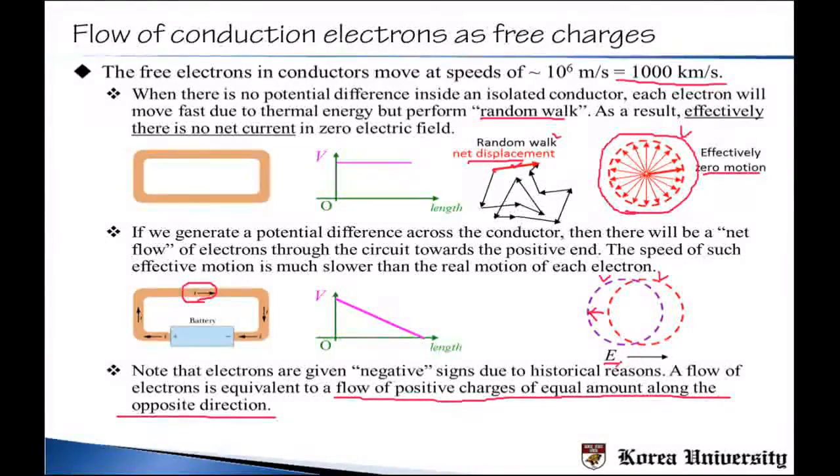Especially in this case, electrons will be moving in this direction, and this is equivalent to the amount of positive charges flowing in this direction. Both of these arrows represent electrical current going in this direction.